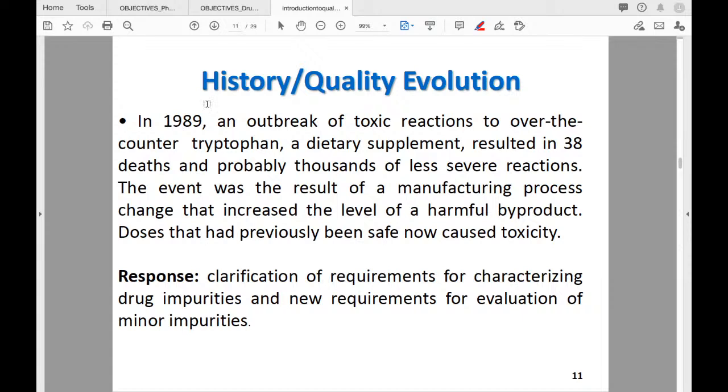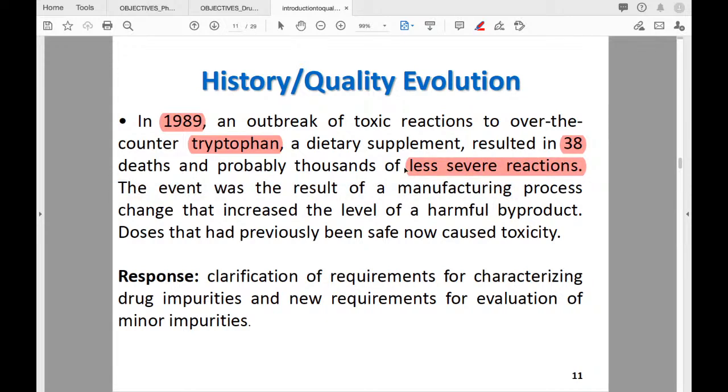Then in 1989, an outbreak of toxic reactions to over-the-counter tryptophan, an amino acid, a dietary supplement that we take, resulted in 38 deaths, and probably thousands of less severe reactions.